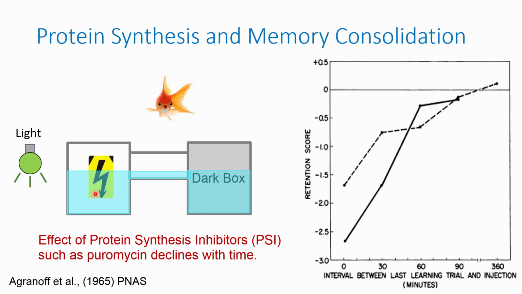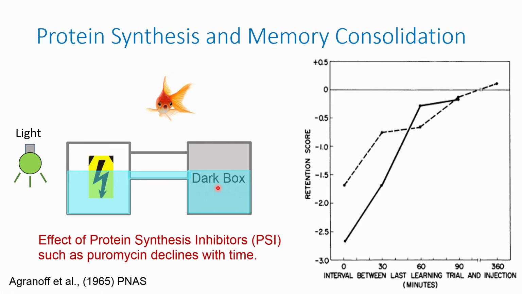Nobody likes to receive the electric shock, and neither does the fish. In response, it needs to take evasive action. It has to escape from this chamber, all the way across the bridge to the dark box. If it goes in there, there is no electric shock. Clearly the animal does not learn it at the very first instance.